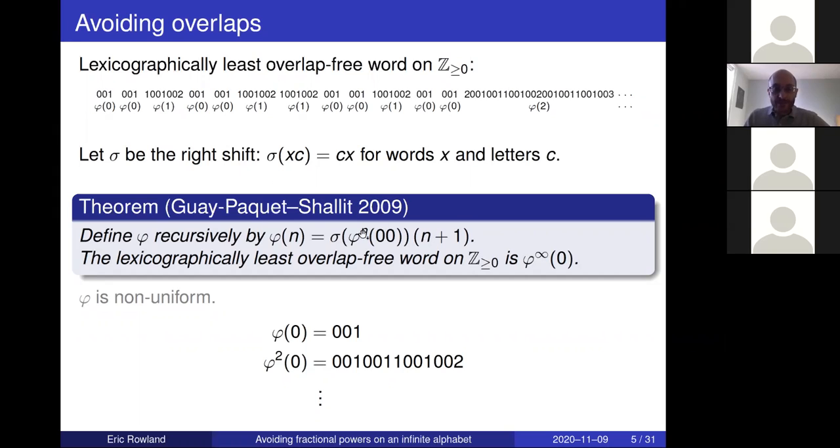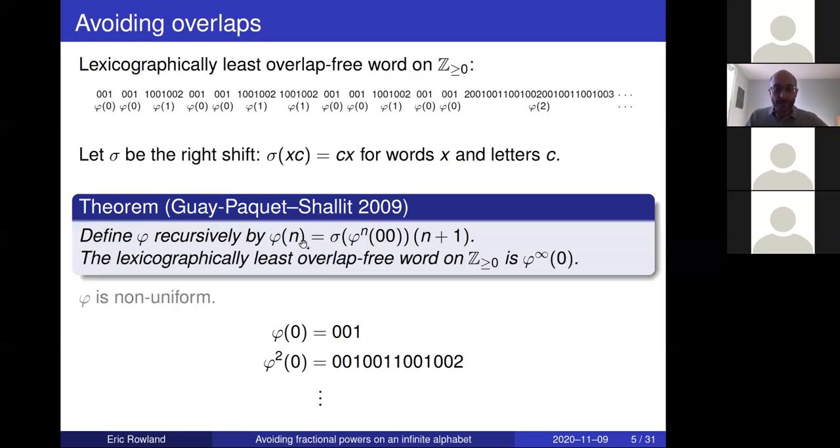So let's just check what this definition says. When n equals 0, we should get 0, 0, 1, right? We're applying phi 0 times to the word 0, 0, so we get the word 0, 0. When we rotate right, that's still the word 0, 0, and then we append the letter 1. So we do, in fact, get 0, 0, 1.